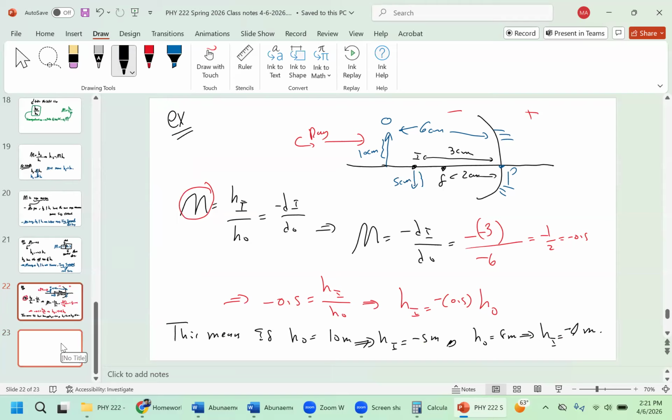Does that say 8 meters? 8 meters, that means the other one's 4 because it's one half. Does that make sense? The image is half of the object.